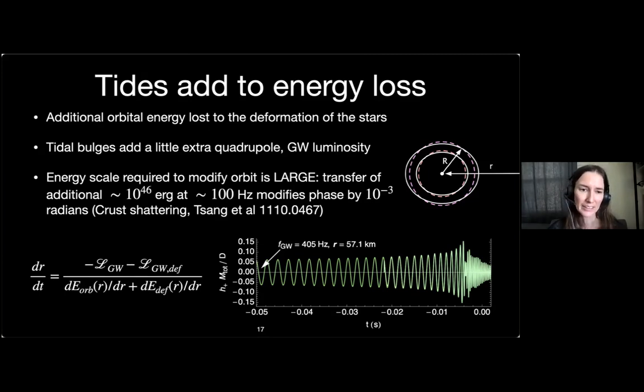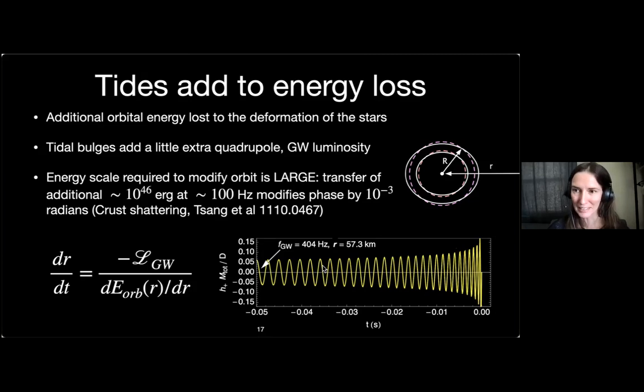Gravitational wave luminosity is 10^60 ergs per second near the final stages of merger. If you try and back up a little bit and still pump, say, 10^46 ergs into the system at, say, around 100 hertz from some neutron star resonance, that still may have only a tiny effect on the phase and thus the strain pattern that would be predicted from the signal.